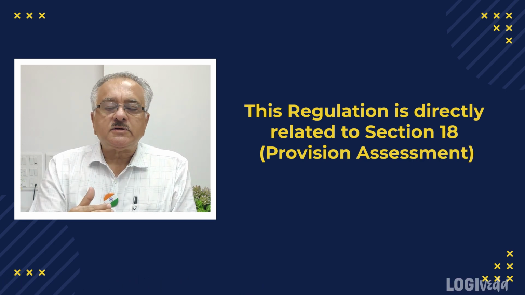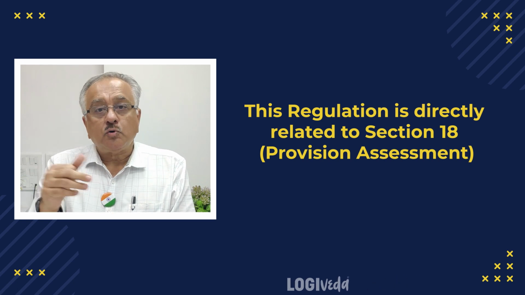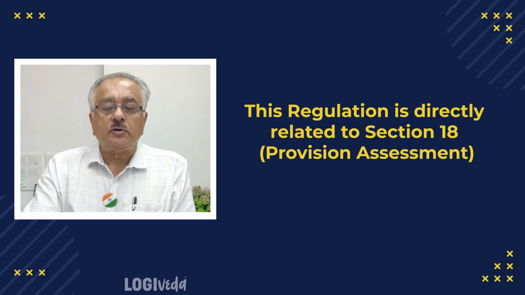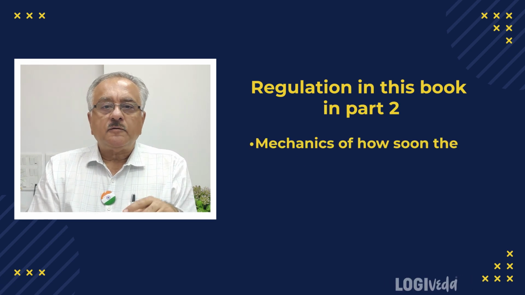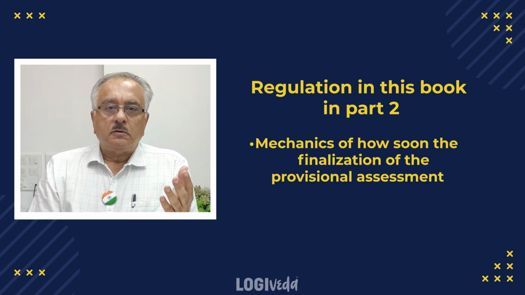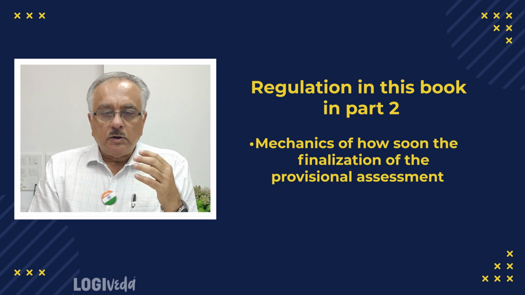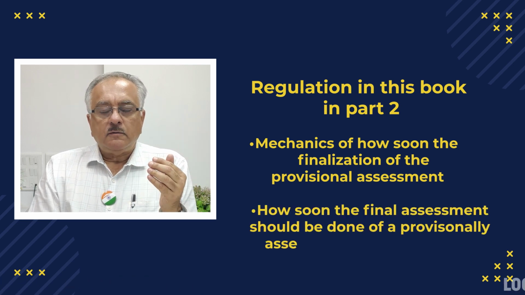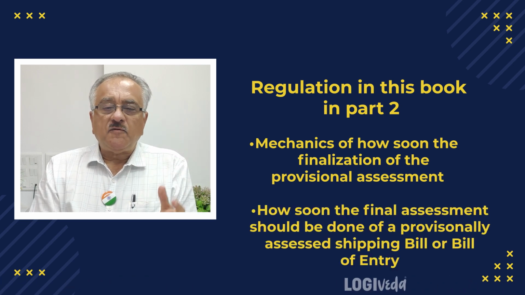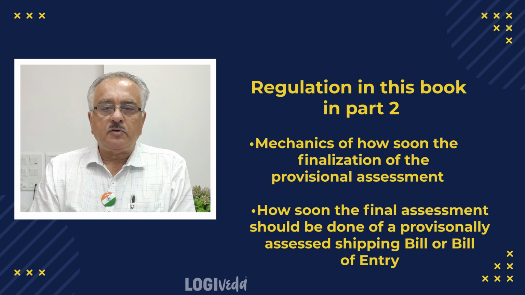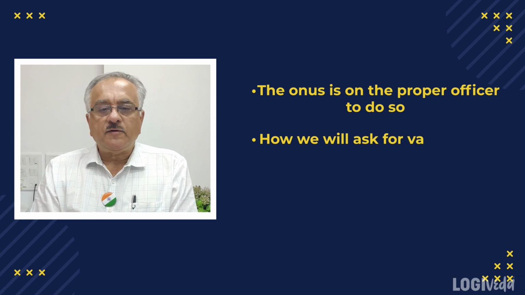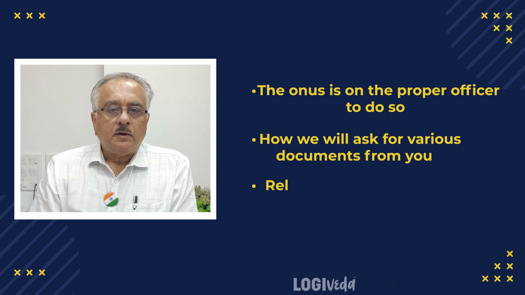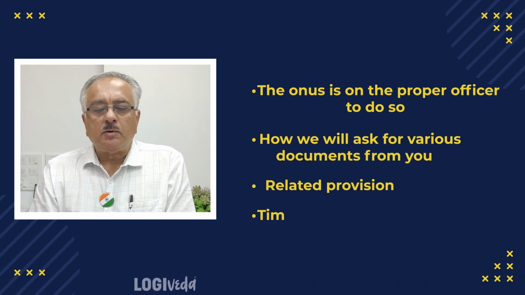So while you are studying Section 18 as one example, you can also refer simultaneously to the regulations in Part 2, where you learn the mechanics of how soon the final assessment should be done of a provisionally assessed shipping bill or a bill of entry, that the onus is on the proper officer to do so, and how he'll ask for various documents from you, the related provisions, time taken to complete, and so on.